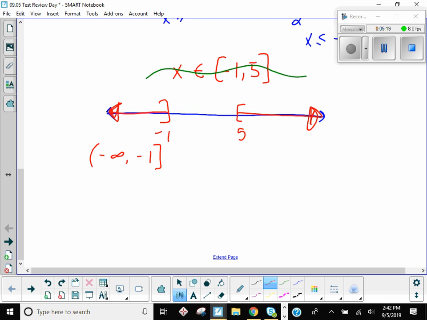Parentheses, right? So that's interval notation for just that part. But there's a second interval. This one. You write your left boundary, comma, your right boundary is infinity. That gets a parenthesis, the 5 gets a bracket. And how do we join those two things to show it's all part of one answer? The union symbol, right?